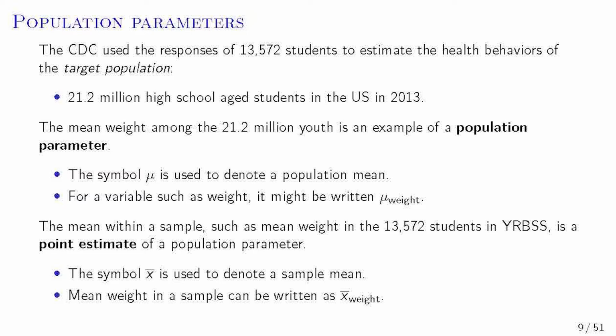For a variable such as weight, you might subscript it, so you have mu weight. We would really like to know the mean weight of these 21.2 million high school students, and that's what mu represents. There is a mean weight for those students, but we don't know what it is.